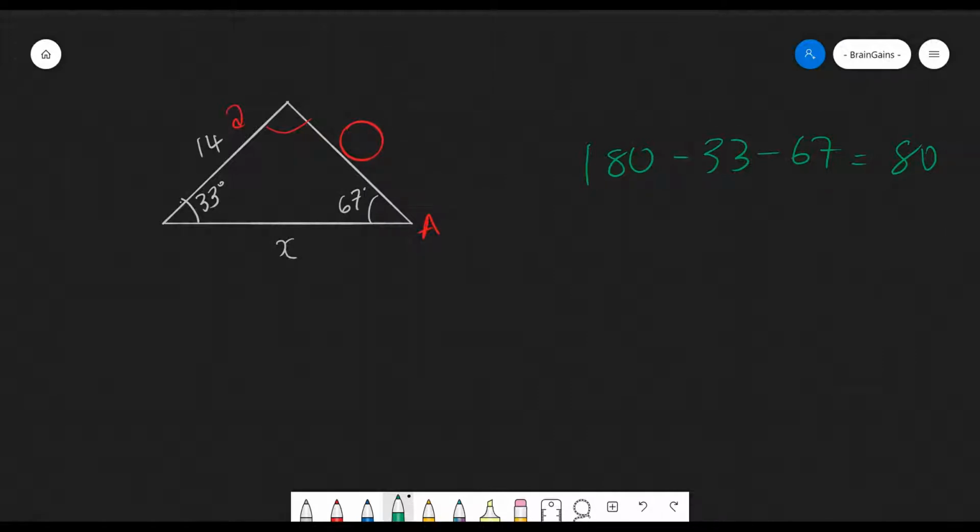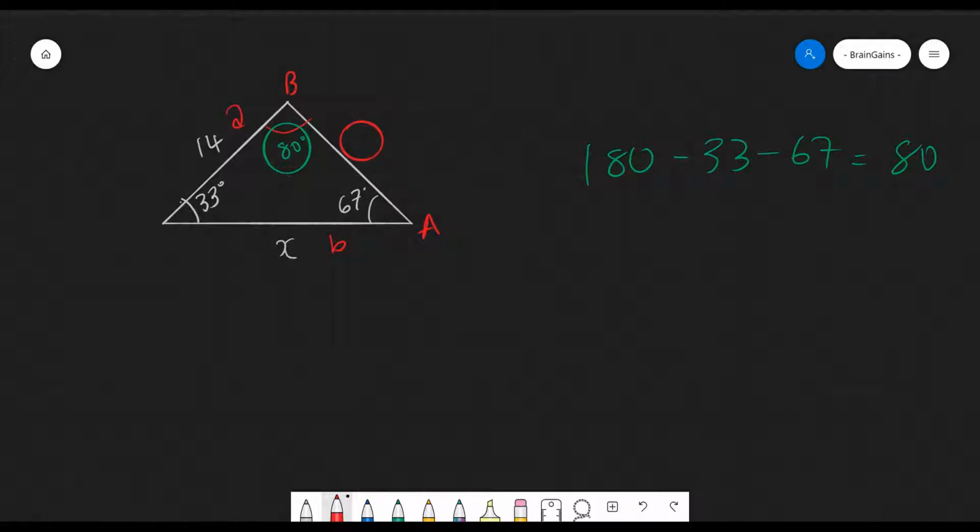So this means the missing angle is 80 degrees, which means in our question, to find side length x, we would actually use 80 degrees rather than 33 degrees. So we would call 80 degrees angle B, and this would be side B.